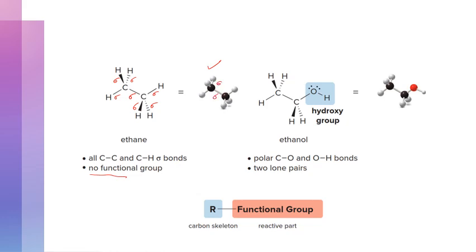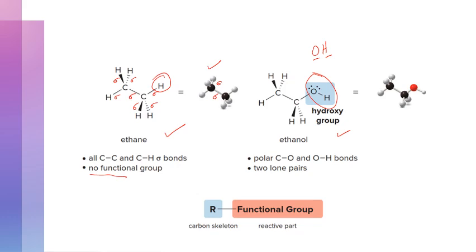Here you can see if one of the hydrogens is replaced by a hydroxy group, oxygen and hydrogen, what happens is that it gives properties which are entirely different from the properties of ethane. That is why we call the OH group a functional group.